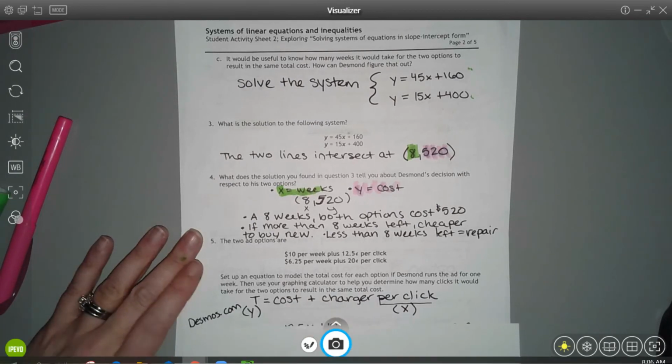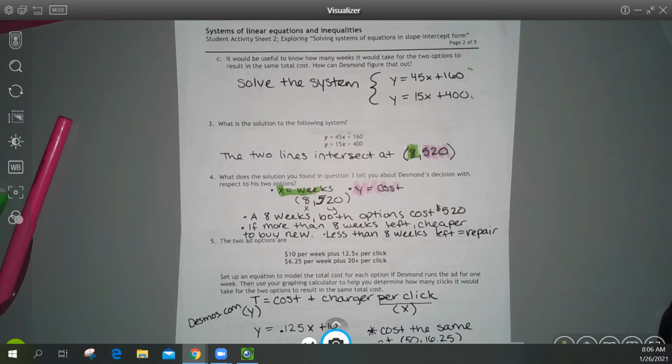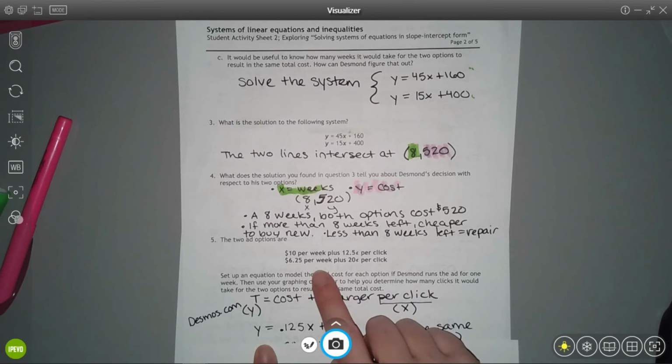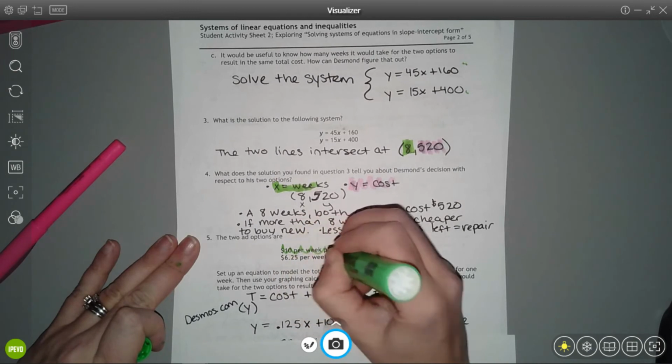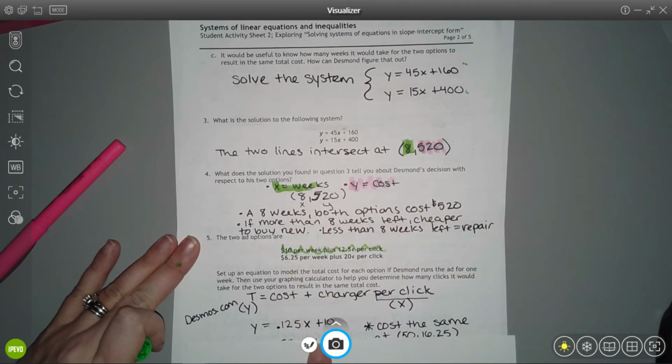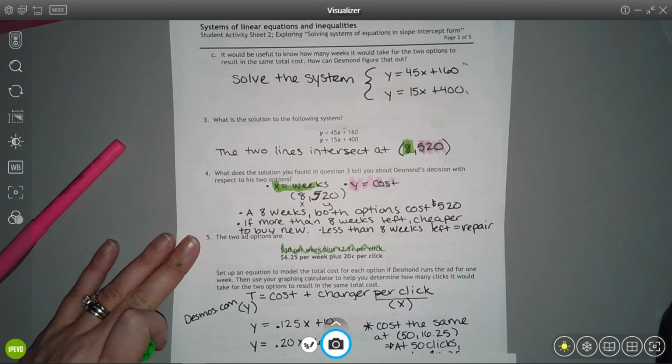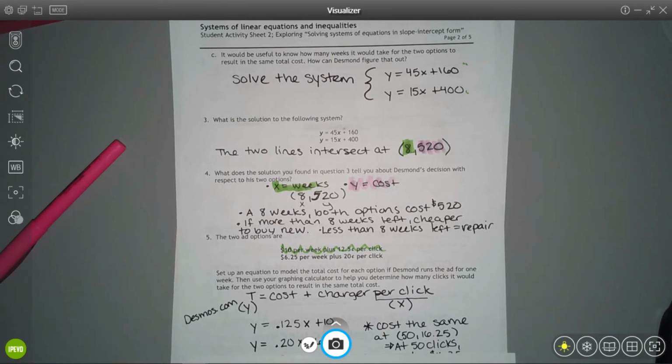Remember that's cents, so we have to write that as 0.125x plus $10 for the first equation, and then y equals 0.20x plus 6.25.